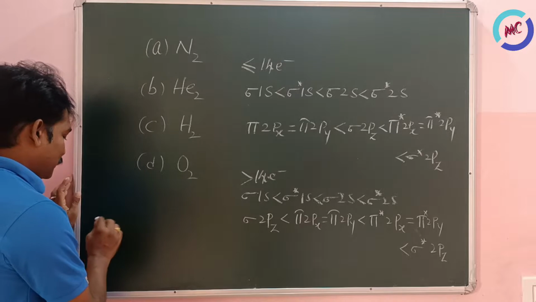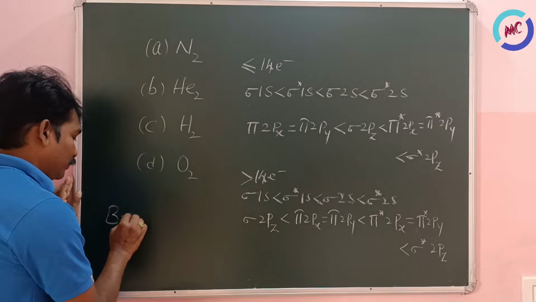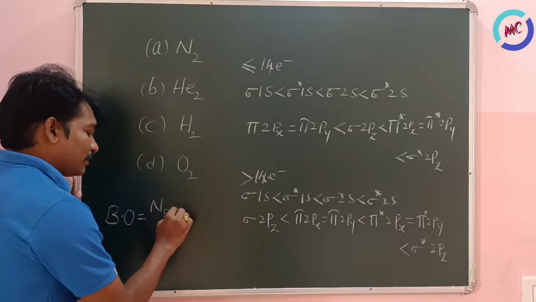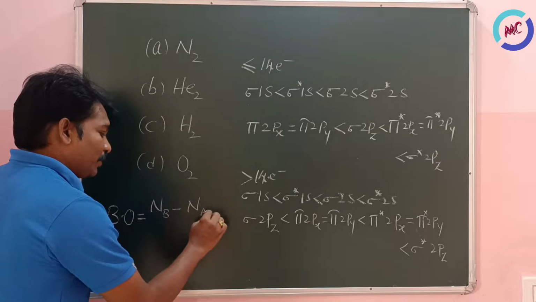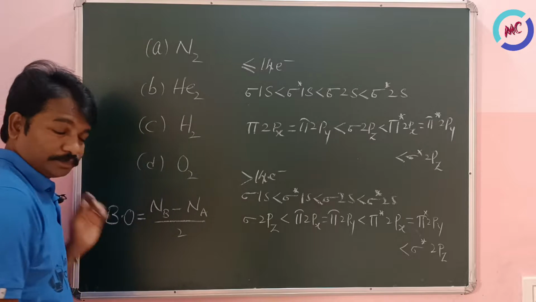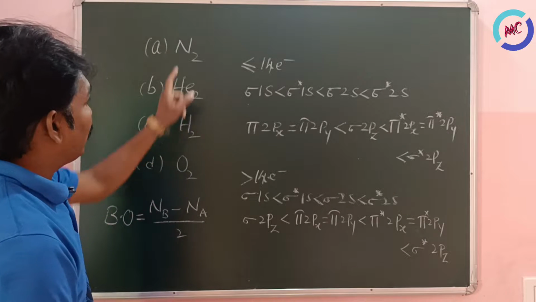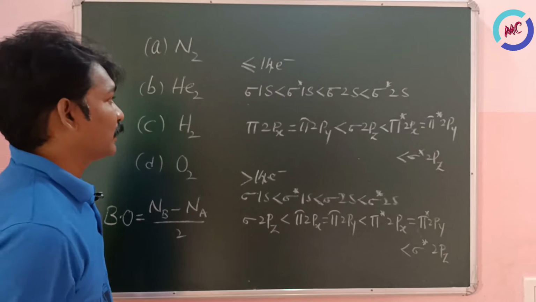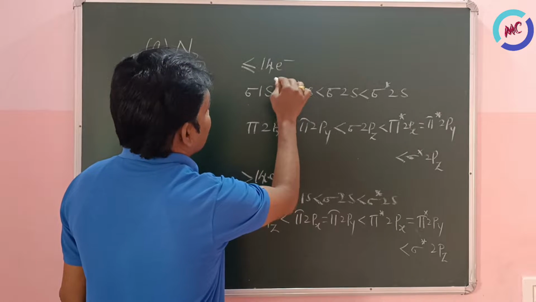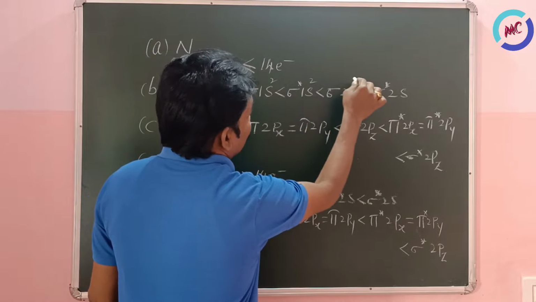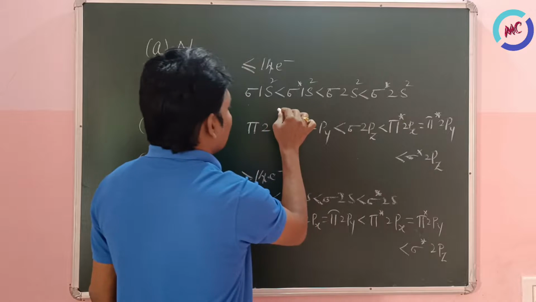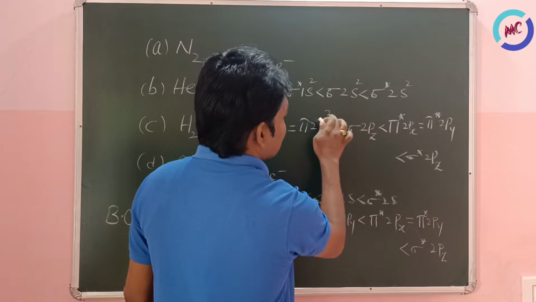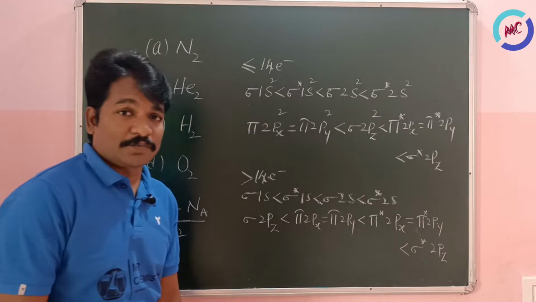Okay, here I will write: bond order BO is equal to number of bonding electrons minus number of anti-bonding electrons, by 2. In the case of nitrogen, total 14 electrons are there. 7 twos are 14 electrons.